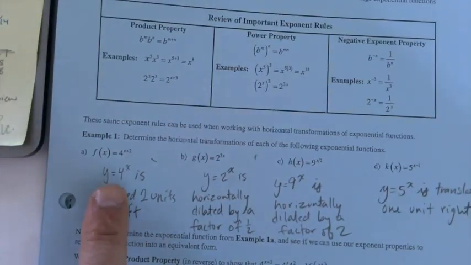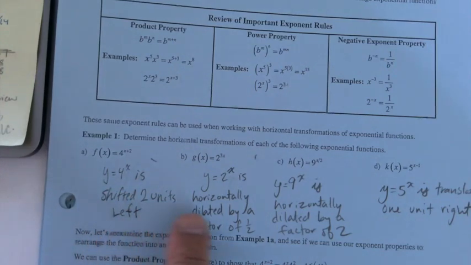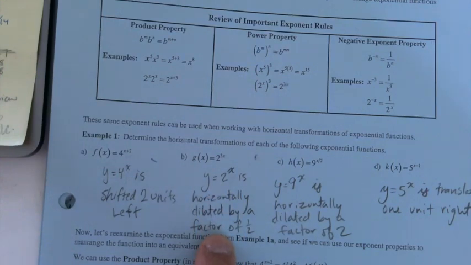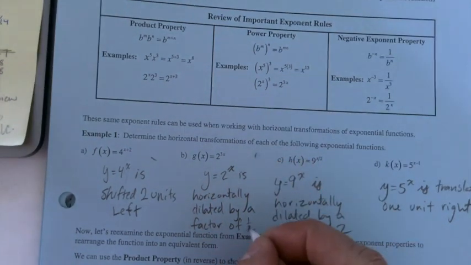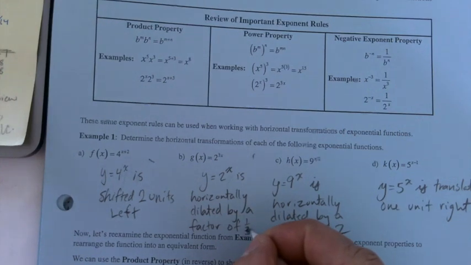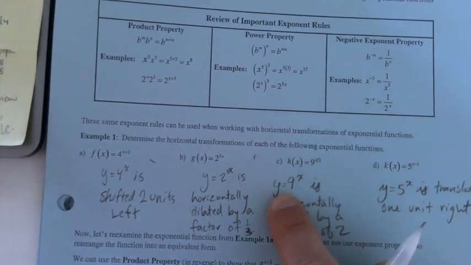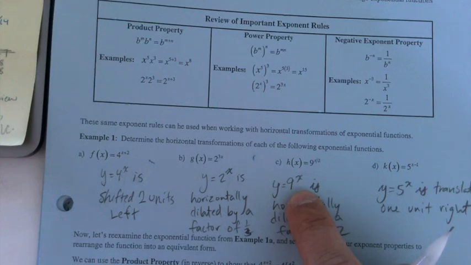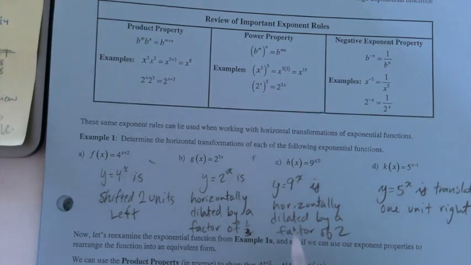This one, y equals 4 to the x power, is shifted 2 units left. 2 to the x power is horizontally dilated by a factor of 1/3. In this case, y is equal to 9 to the x power was horizontally dilated by a factor of 2.